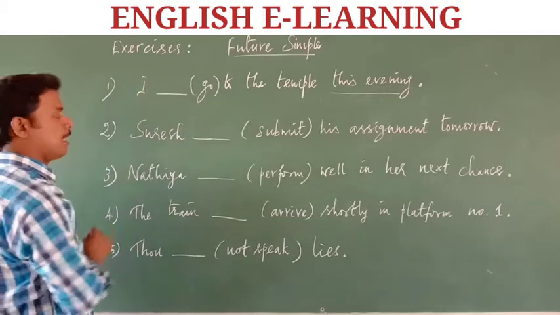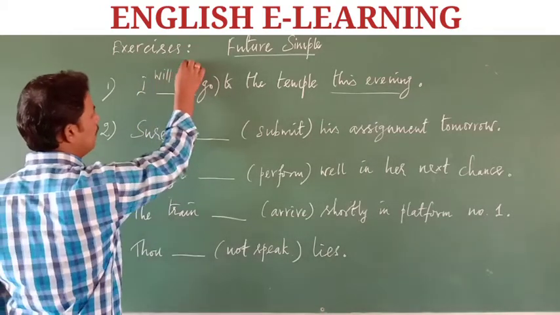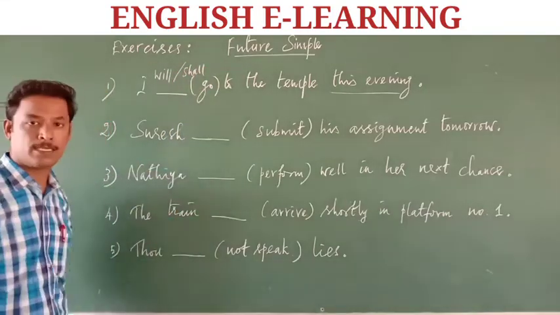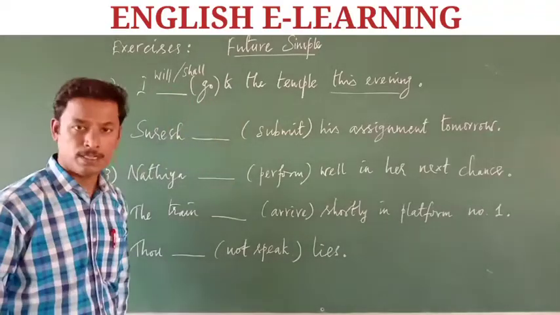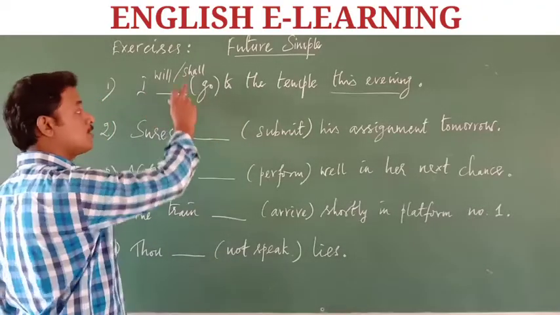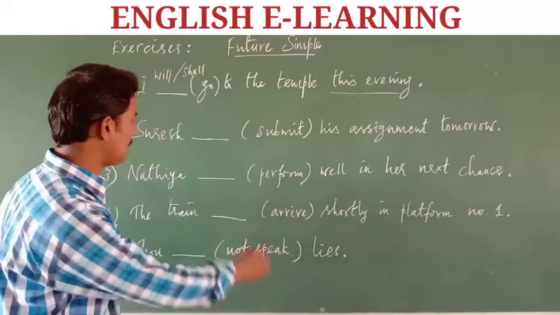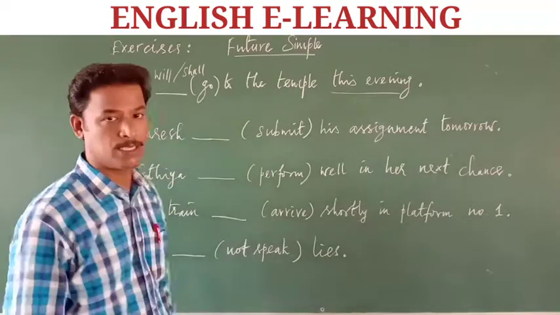After the subject I, we can use both will and shall. So both answers can be accepted. I will go to the temple this evening, or I shall go to the temple this evening. Right. Look at the next sentence. Suresh dash his assignment tomorrow.